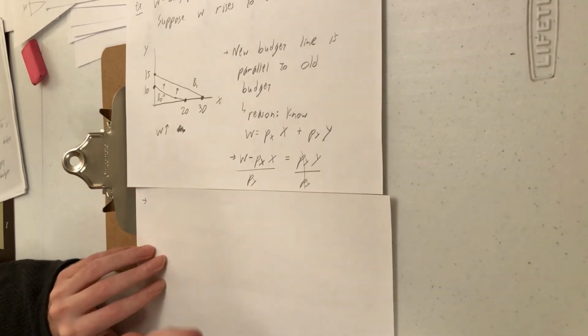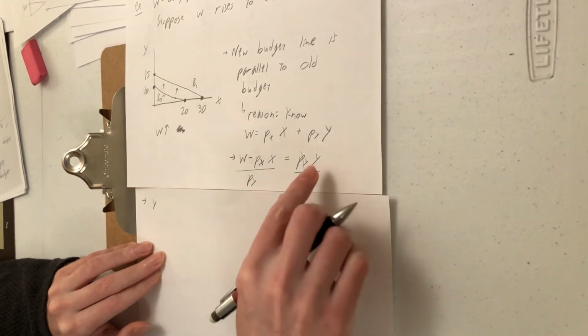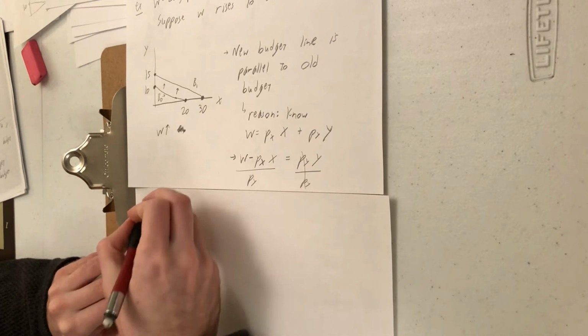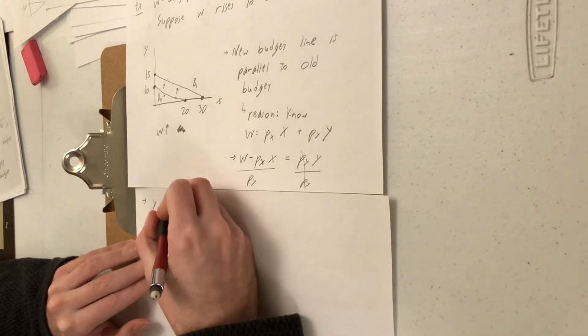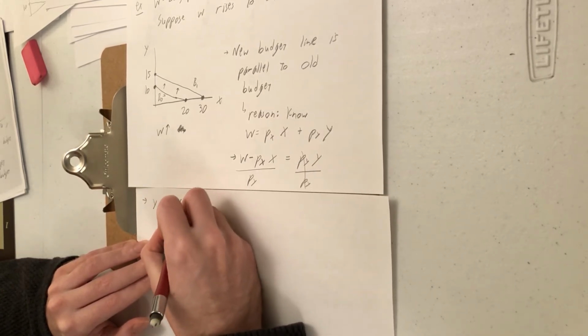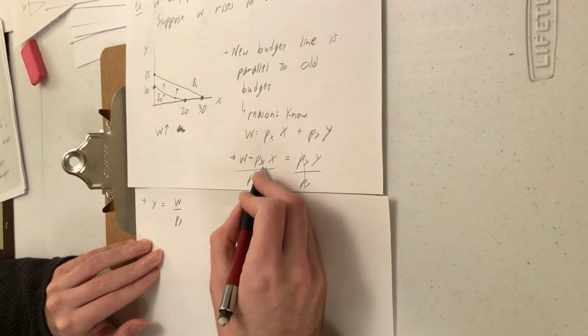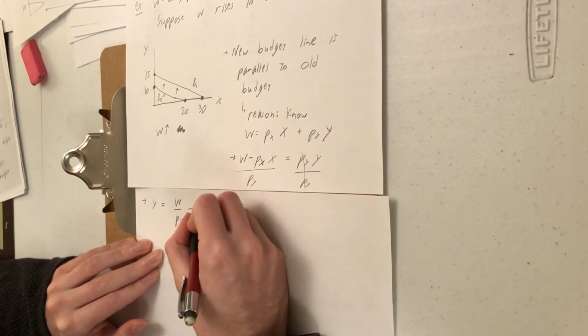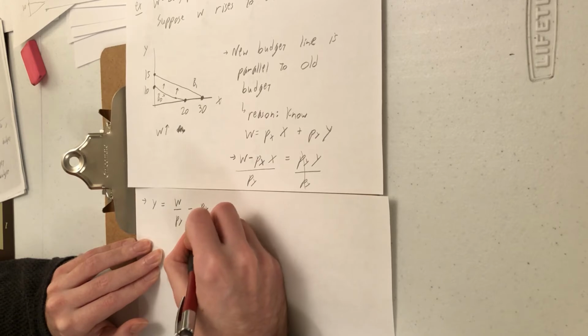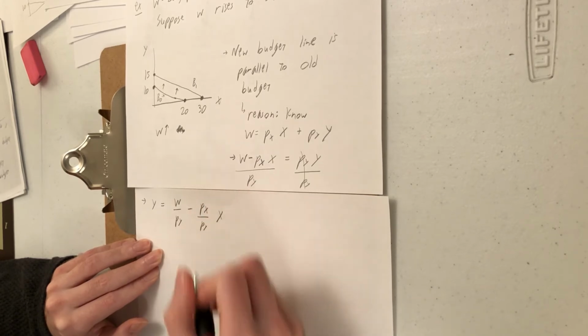These guys cancel. So you have Y on this side equals W over PY minus PX over PY times X.